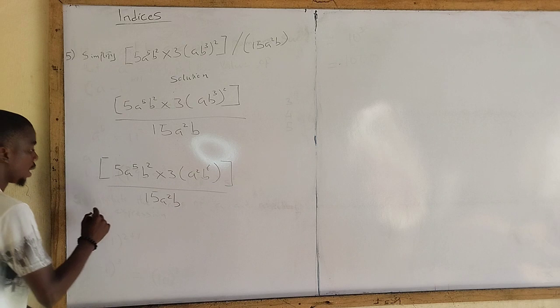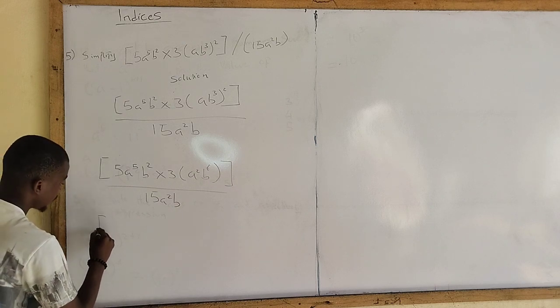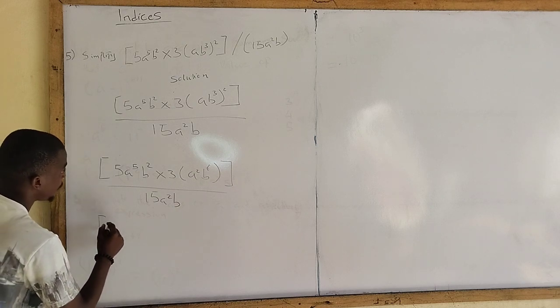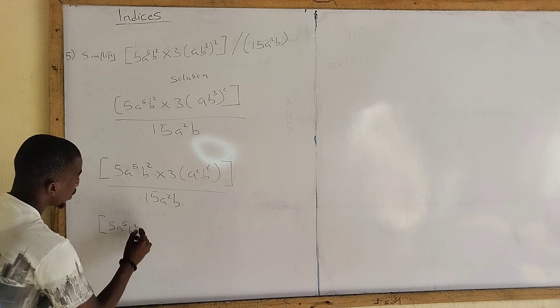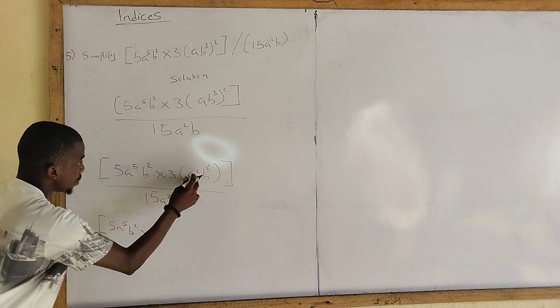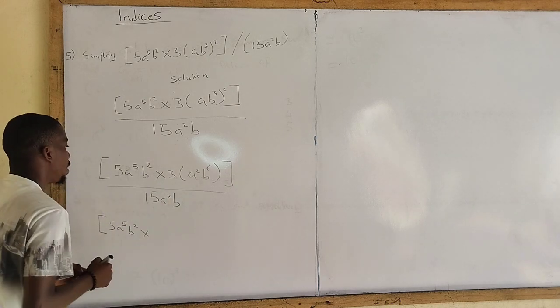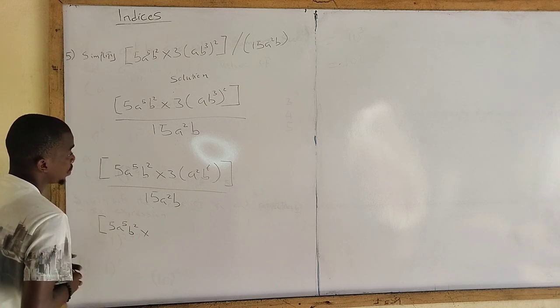So that we have 5a raised to the power 5b squared times 3 times a squared b raised to the power of 6.